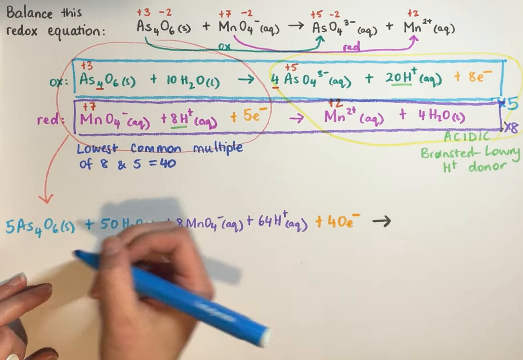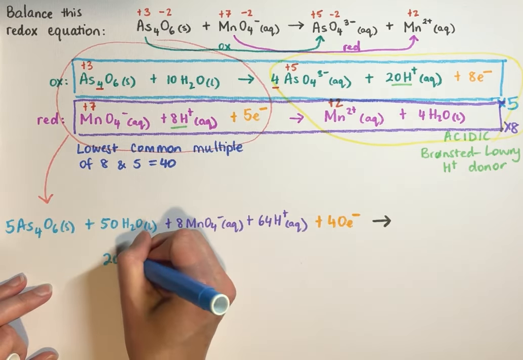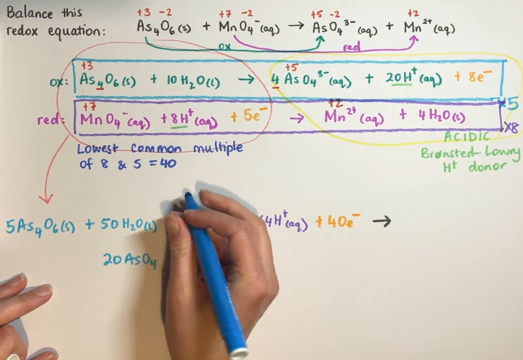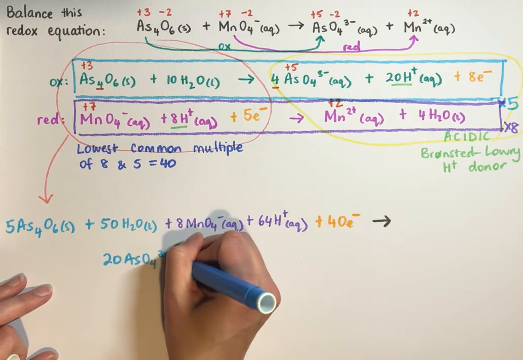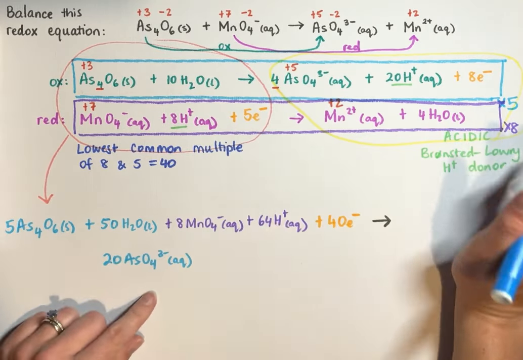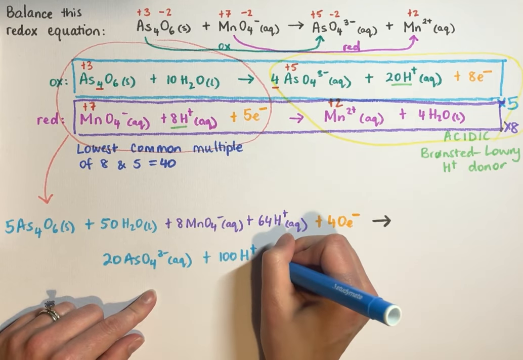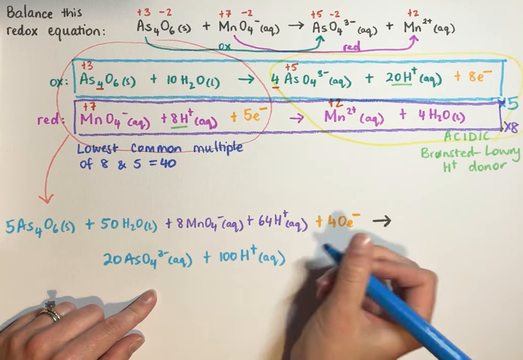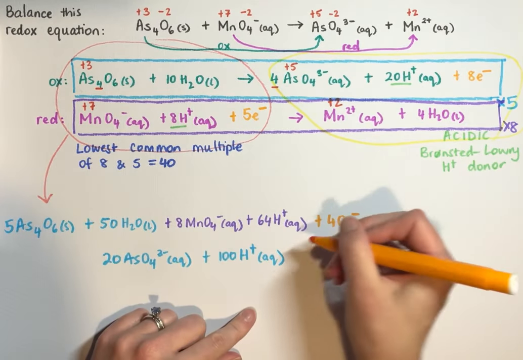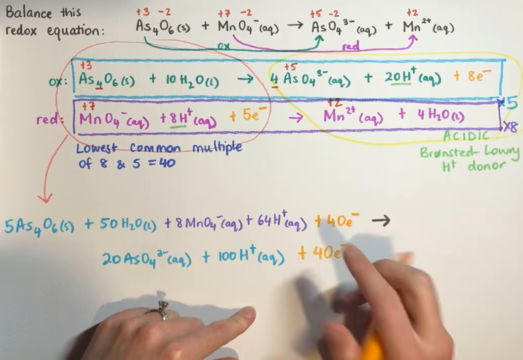So I'll put down here 20 arsenate ions. And 20 times 5 is 100. Picked a big one, didn't I? Hydrogen ions. And my 40 electrons. So this was my aim all along, to make those match.